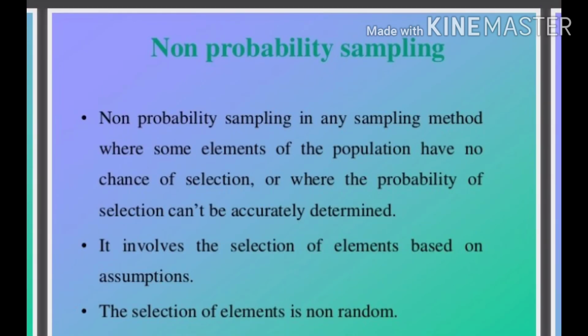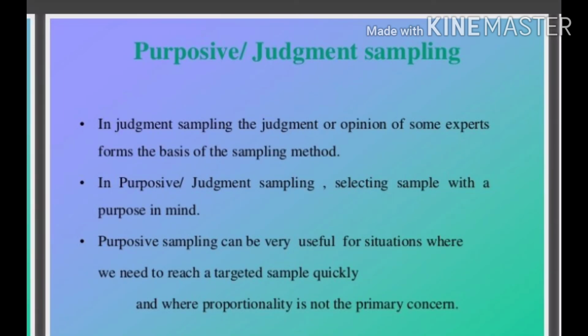Next, non-probability sampling. Non-probability sampling is any sampling method where some elements of the population have no chance of selection, or where the probability of selection can't be accurately determined. It involves the selection of elements based on assumption. The selection of elements is non-random. So first, purposive or judgment sampling.